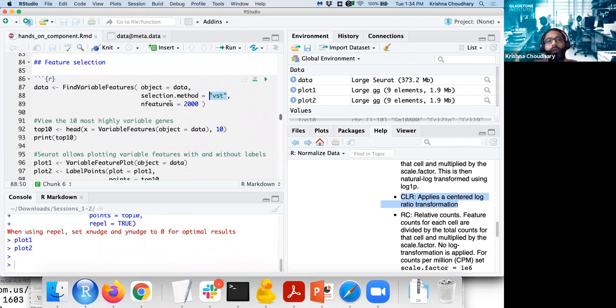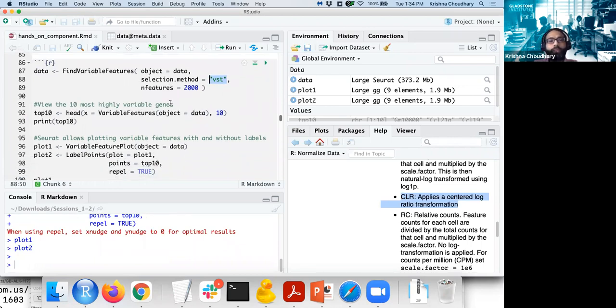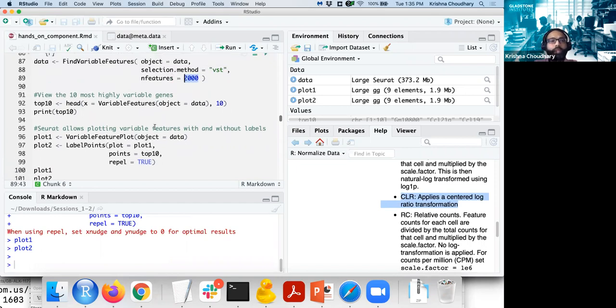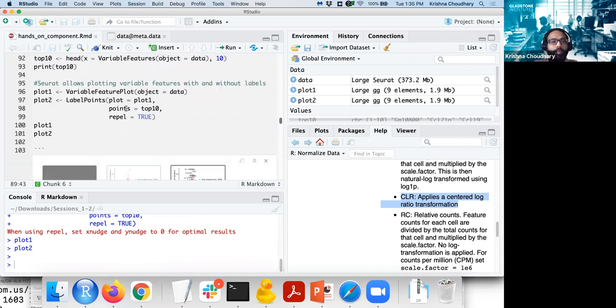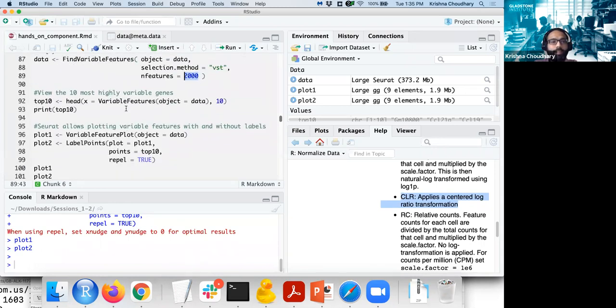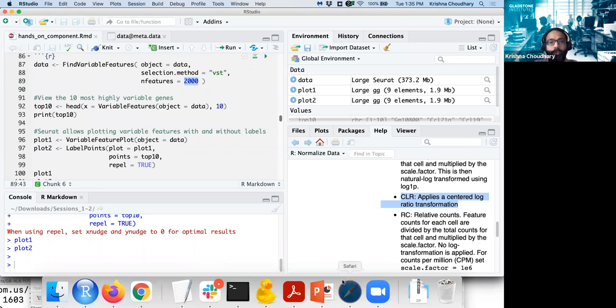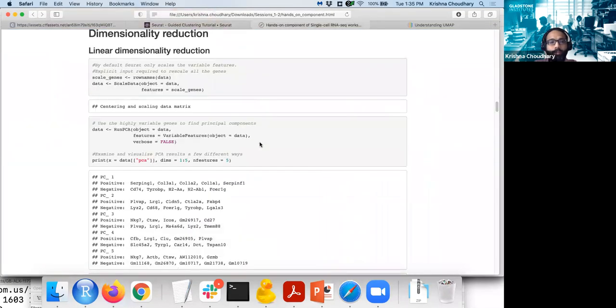So here we use log normalization, so we have to perform this standardization, and then we are asking it to select the 2000 top highly variable genes for our next steps. So that's what it is doing. And we get these plots in the next steps. So let me go to the markdown output.